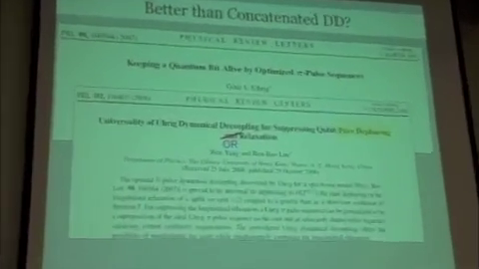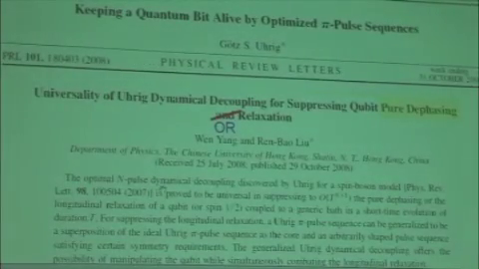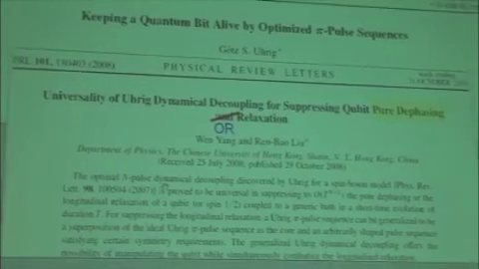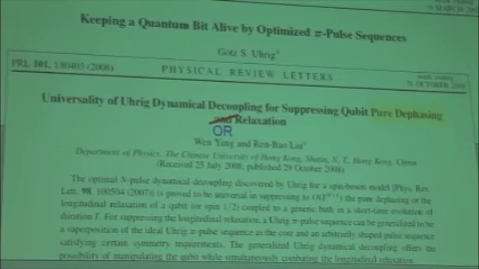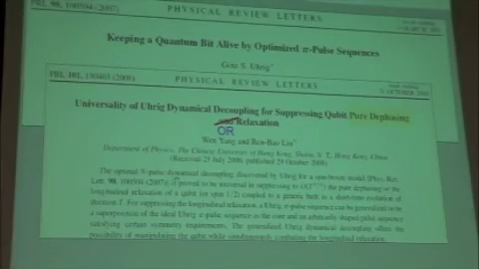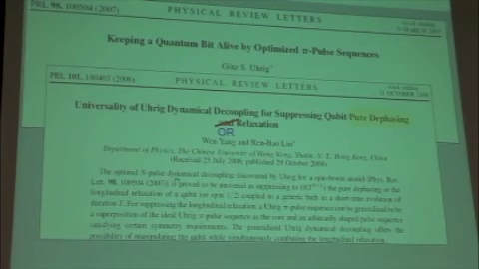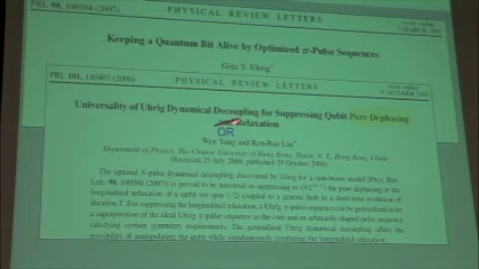And then a year later, Yang and Liu were able to show that this Ulrich sequence, the UDD, is in fact universal in the sense that it doesn't apply just to the spin boson model. It applies to any kind of pure dephasing model. In fact, it applies also to pure relaxation. I don't know why they put "and" in the title.